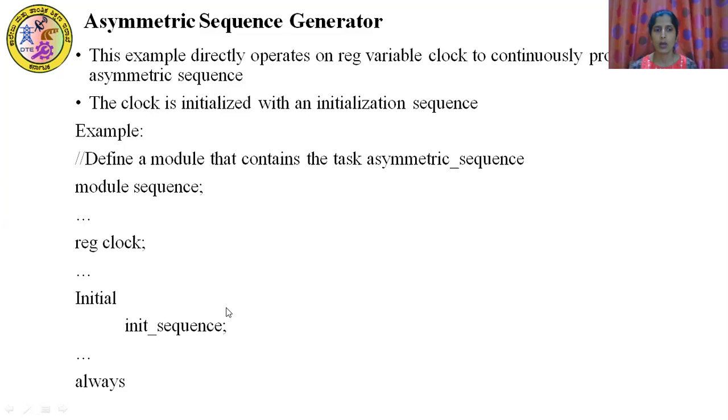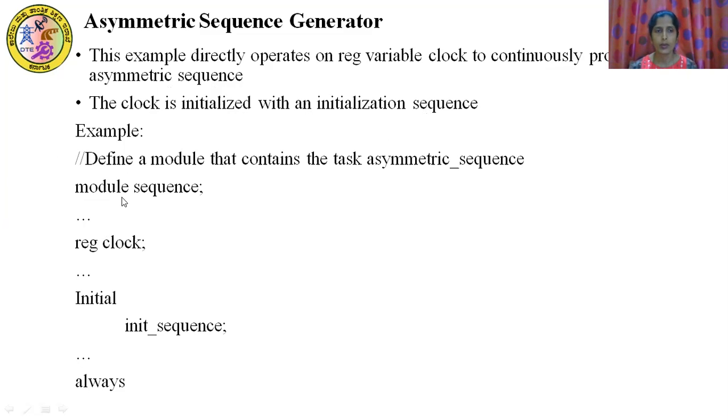Further, let us see one more example of an asymmetric sequence generator by using tasks. So here, this example directly operates on a register variable clock to continuously process the asymmetric sequence. So here the clock is initialized within an initialization sequence, and further the asymmetric sequence is generated.